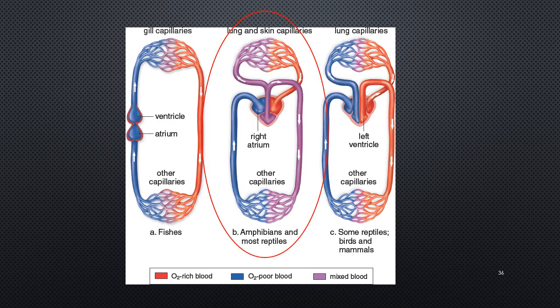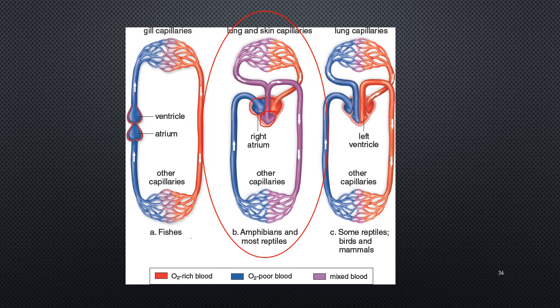Okay, so if you'll remember, our fish had a 2-chambered heart. What's unique about our amphibians and most reptiles is that they have a 3-chambered heart. It consists of 2 atria and 1 ventricle. So here, and here.